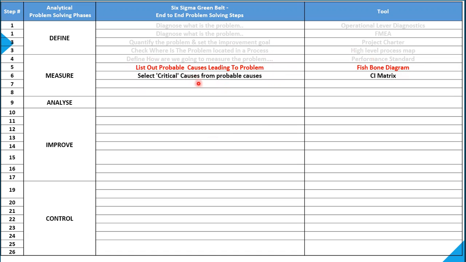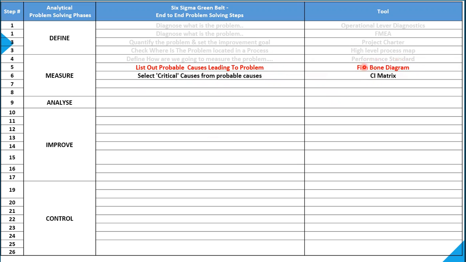Then we listed out probable causes that may lead to the problem. Those are not yet the significant causes, but these are the probable causes, out of which we'll find a few significant causes. So this is about root cause finding through the fishbone diagram.